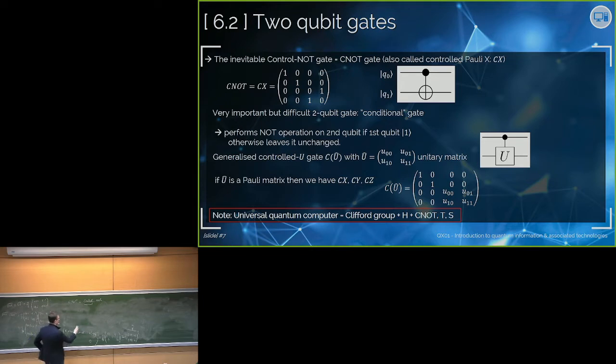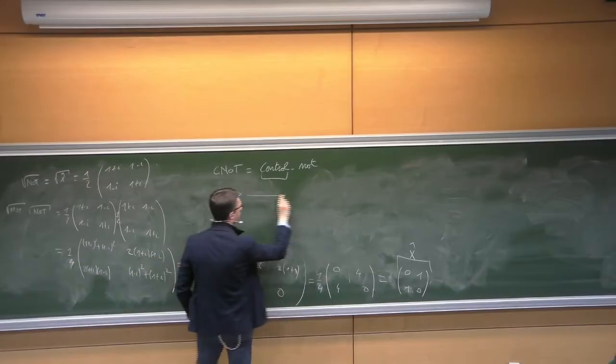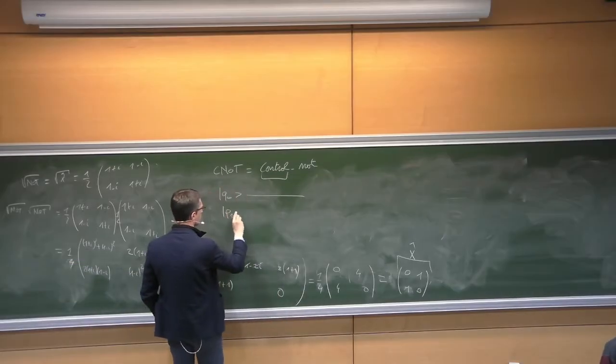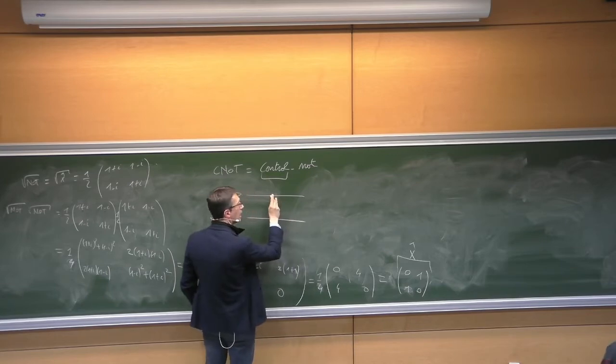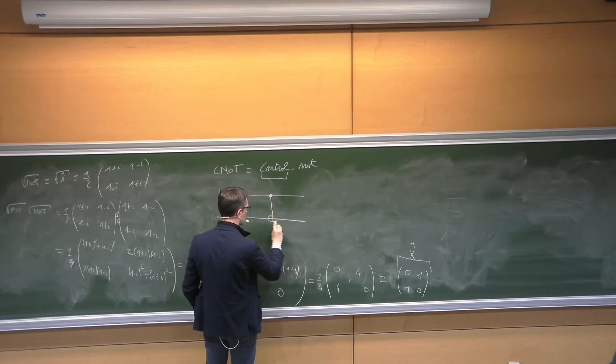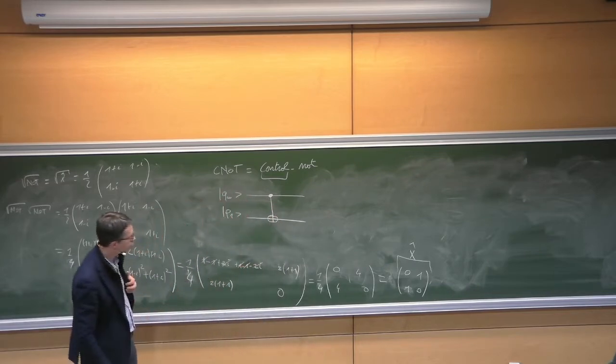Okay, so you have your first qubit, Q0, and then Q1. Let's take the diagram as it is. The representation of a control NOT gate is like this.